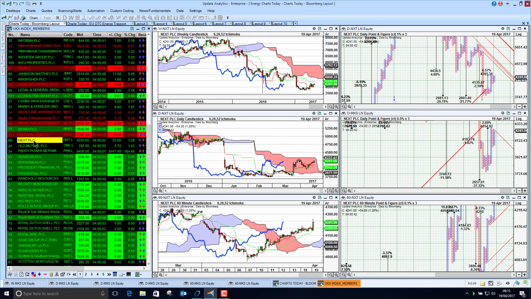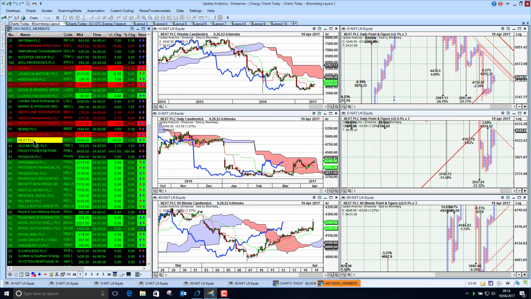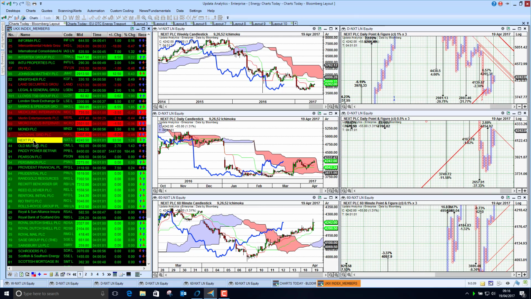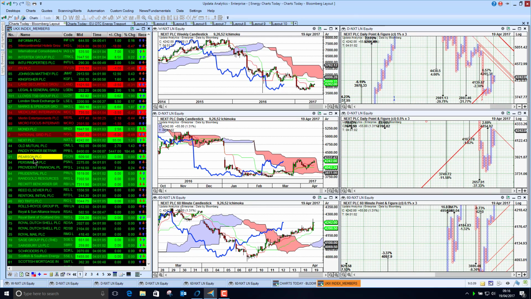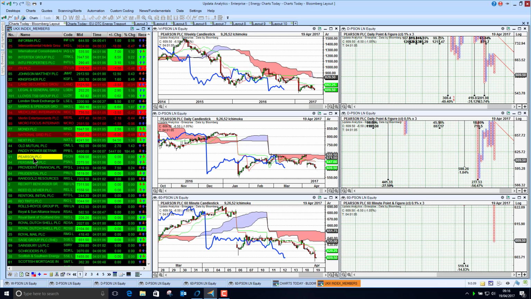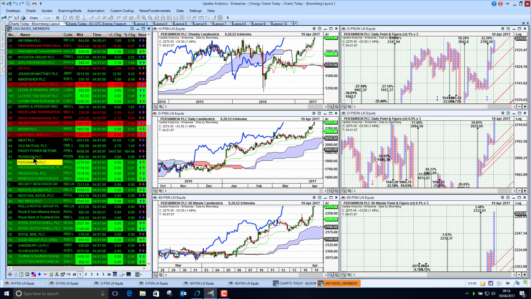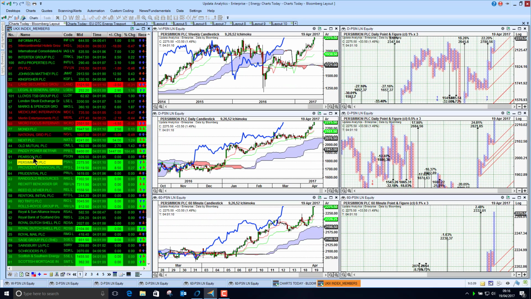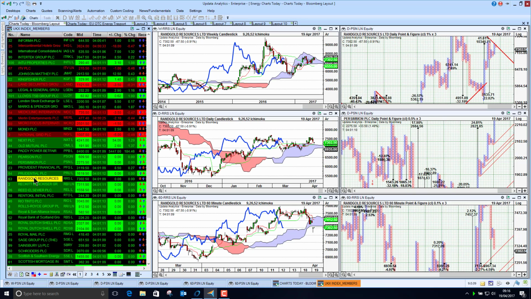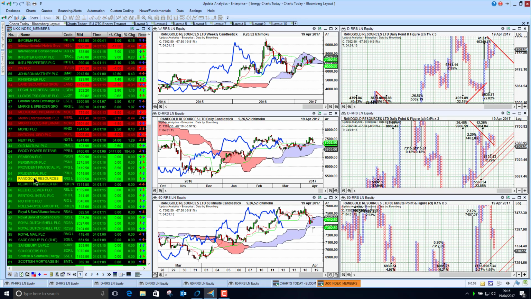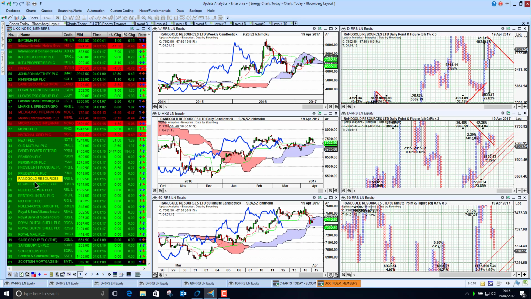And then if we look at Next, recovering quite strongly after their sell-off early in the year. And again, Pearson has been very bearish on all three time frames. Persimmon actually looking strong, so property stocks looking pretty good. Randgold Resources, not as big a sell-off because the gold price is having an effect there.